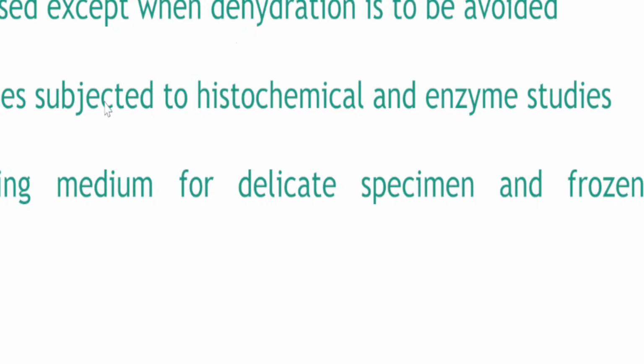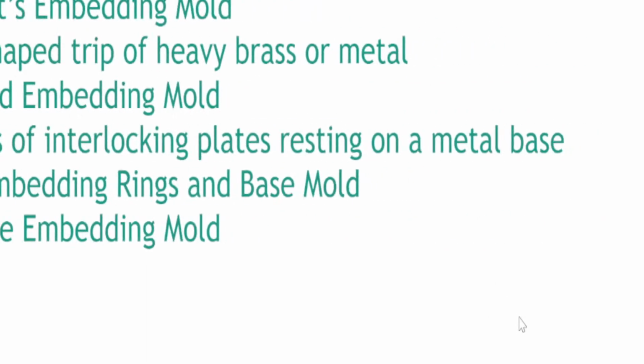Okay, so if you want to see the biochemical integrity of the biochemical structures or any biochemical abnormality in a tissue sample, you subject it to histochemistry and enzyme studies. And gelatin is used if you want to omit dehydration in the whole process. So magiging fixed lang siya pag gelatin ang ginamit mo. Okay? So embedding medium used for delicate specimen and frozen sections. Okay? Gelatin.